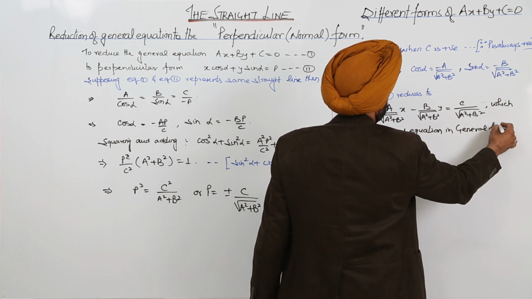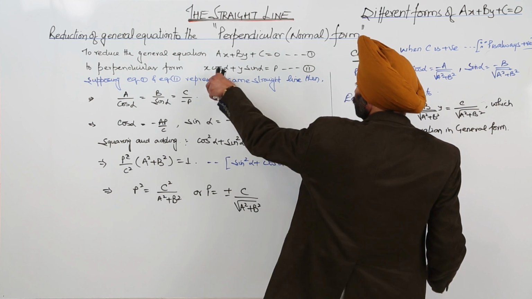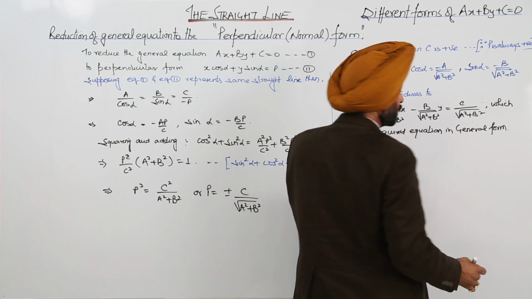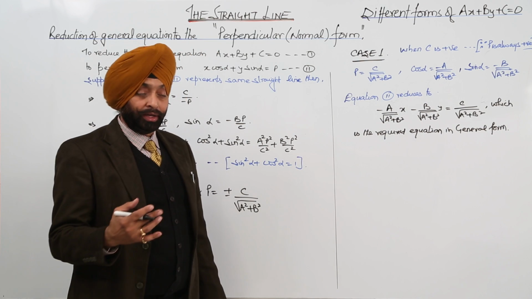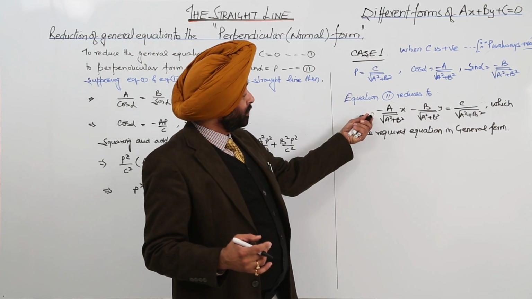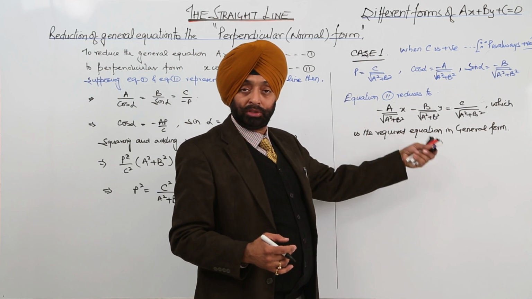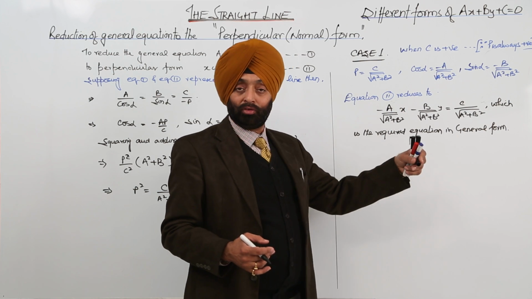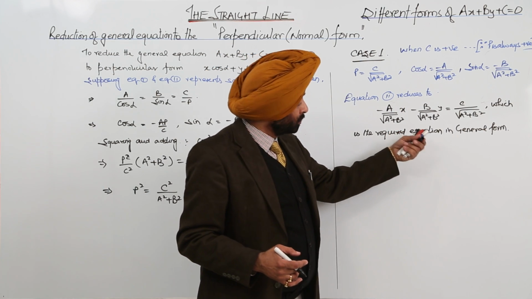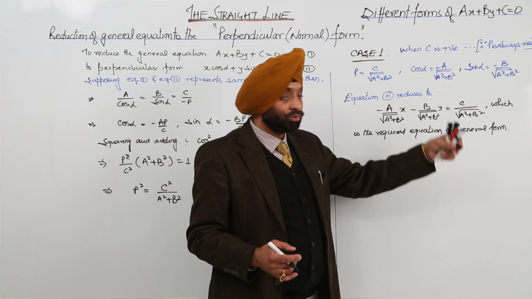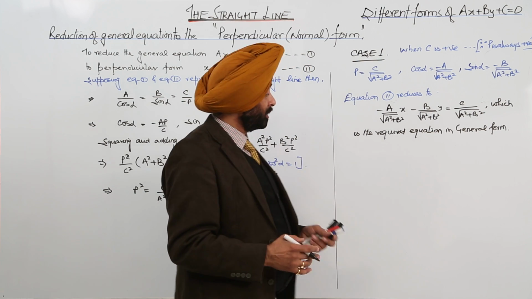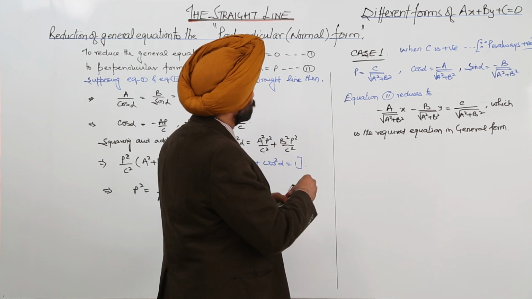So this equation x cos alpha plus y sin alpha is equal to p, when written in general form, will be negative of a upon under the root a square plus b square with x, negative of b with y upon square root of a square plus b square is equal to c positive upon a square plus b square.